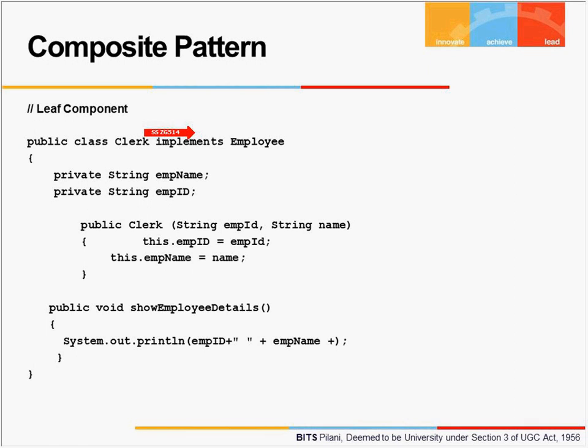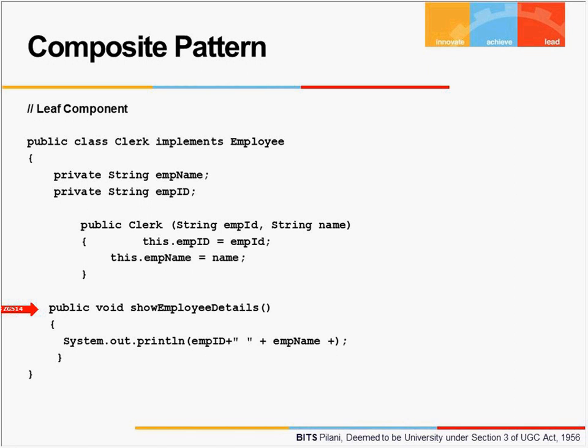If you see here, it provides an implementation for the method which is there in the employee interface. So this is the implementation for show employee details. What are the employee details? It prints out the employee ID and the employee name, right?